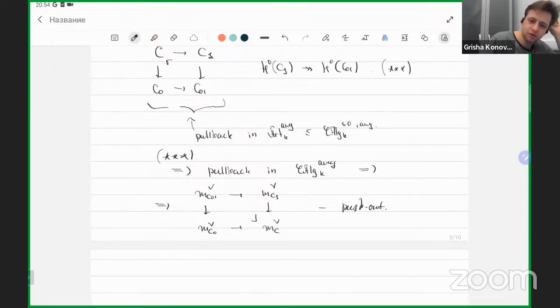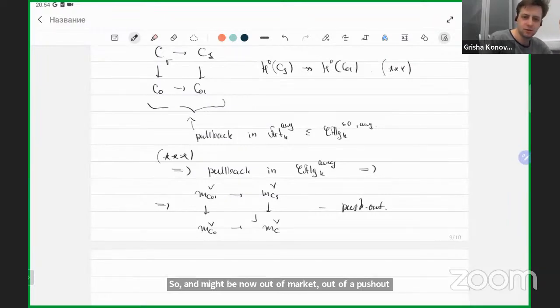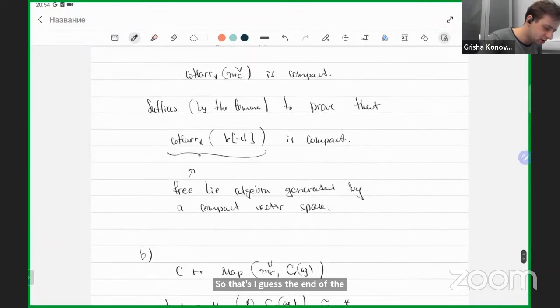And mapping out of a pushout square gives us the pullback square, which is what we were aiming at. So that's, I guess, the end of the proof of the proposition.